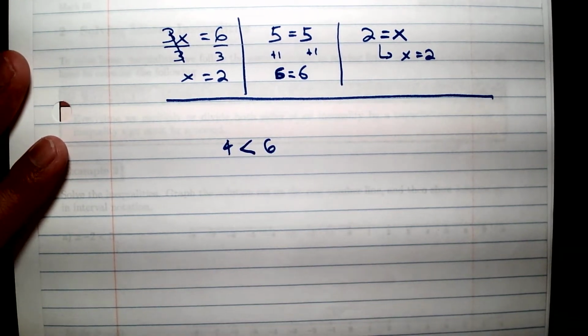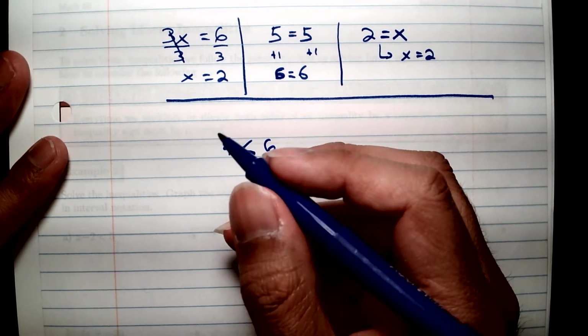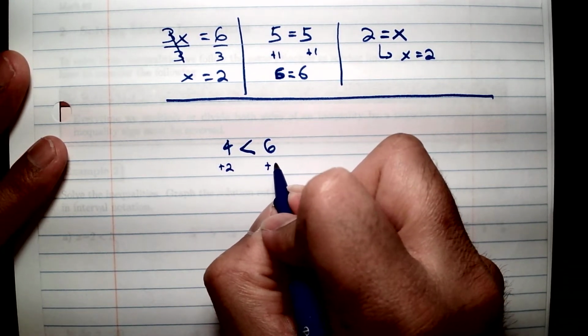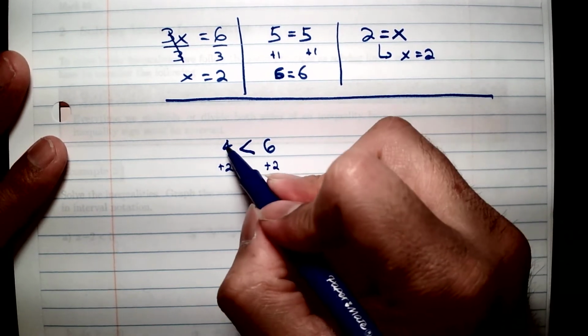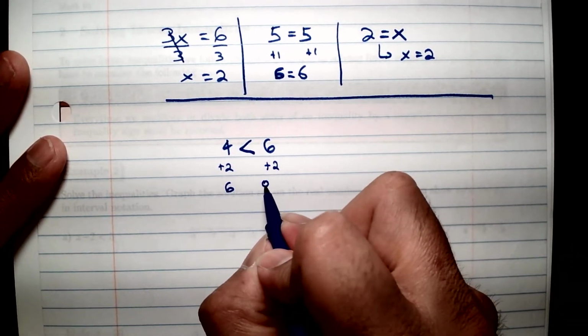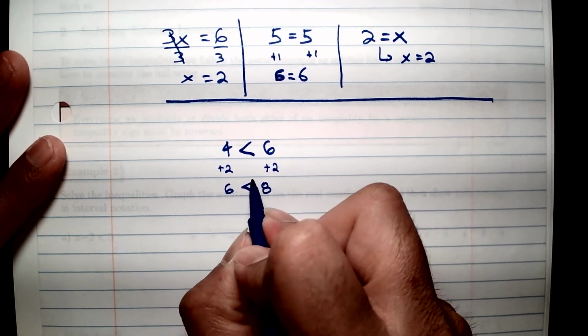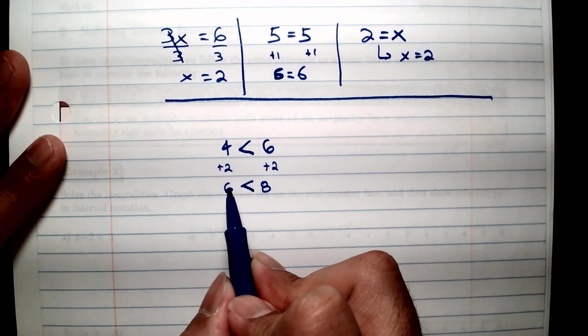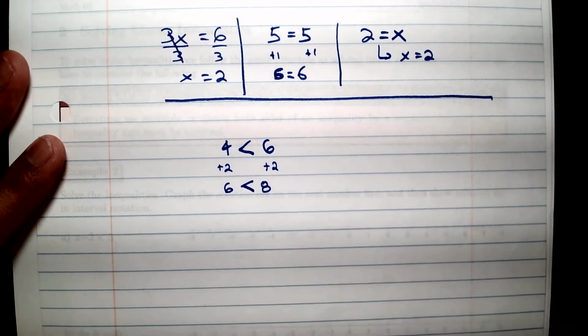What happens if I add 2 to both sides? I get 4 plus 2 equals 6, and 6 plus 2 equals 8. Does the inequality sign still hold true? Of course, because 6 is still less than 8.